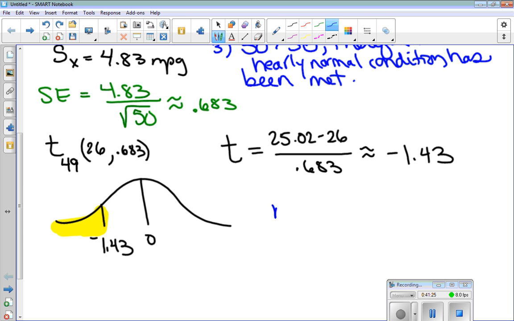My p-value is found not by normal CDF, but t-CDF. And it's your lower bound, your upper bound, and your degree of freedom, right? Double check me, but I believe that the p-value here is 0.079.